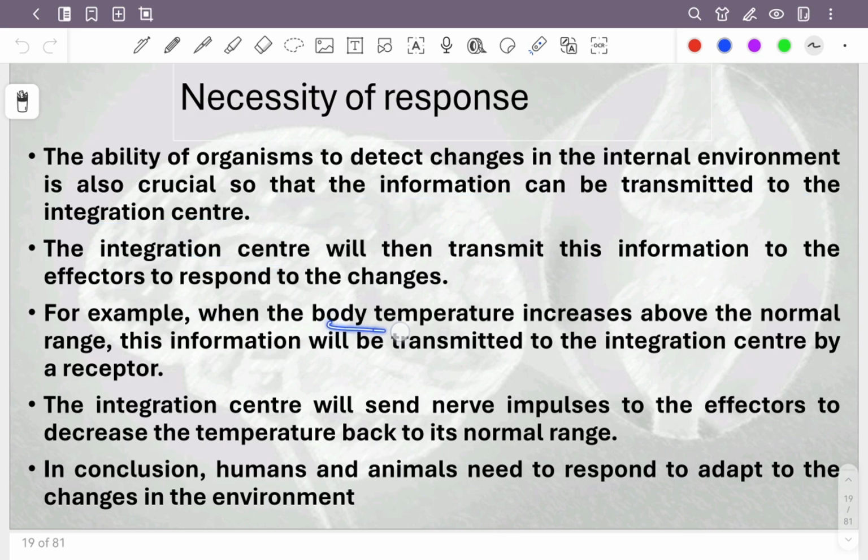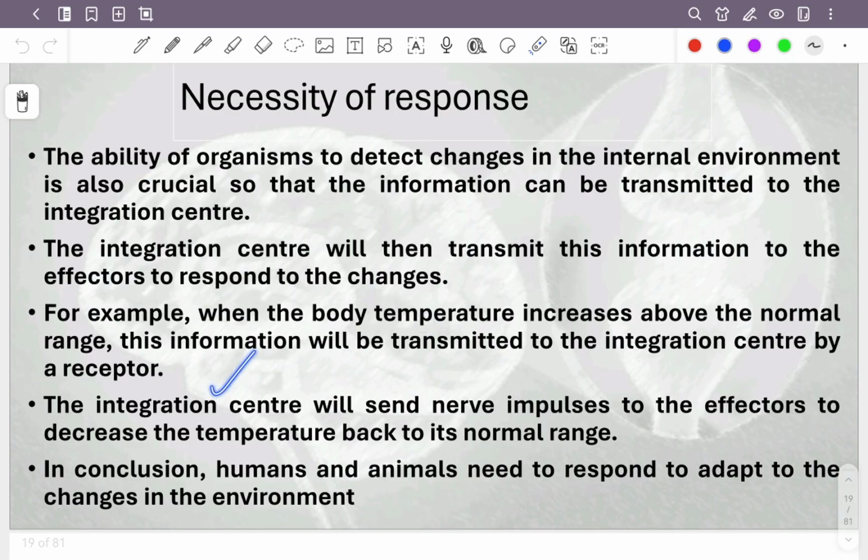For example, this is the one, internal stimuli. Your body temperature increase above the normal range. For example, fever. So this information will be transmitted to the brain by the receptor. So the receptor tells your brain, now your body is suffering. Okay, your body is now having a very high body temperature.